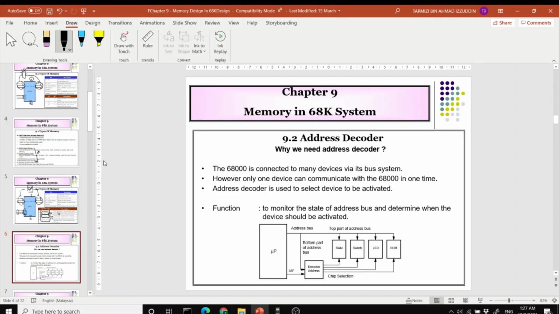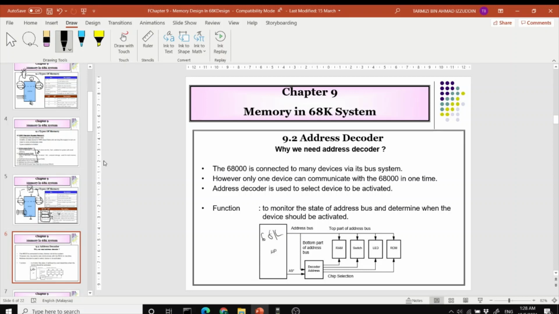For a memory system and for the peripherals to be connected to your microprocessor, all of these are connected to the same address and data bus. In the example in the figure given here, you can see that you have your 68K microprocessor over here, and then you have all of these peripherals and memory chips.